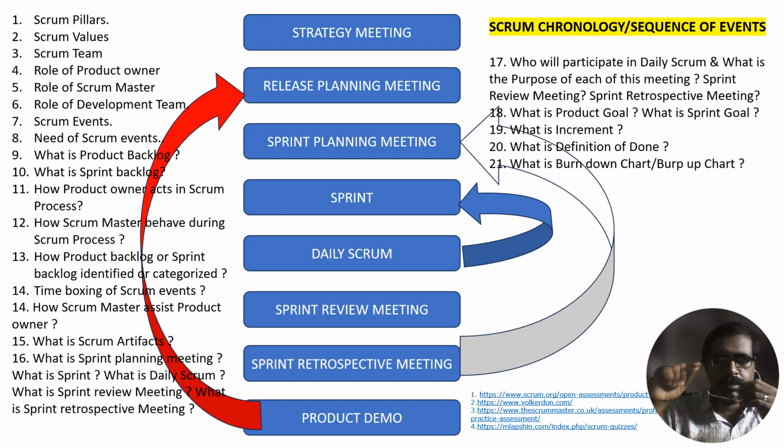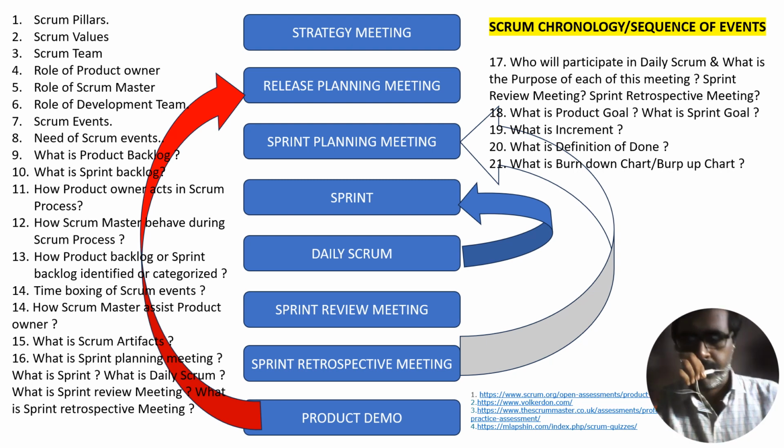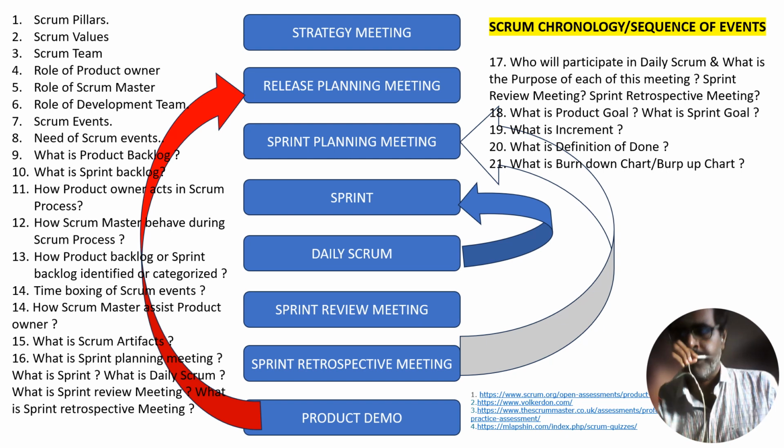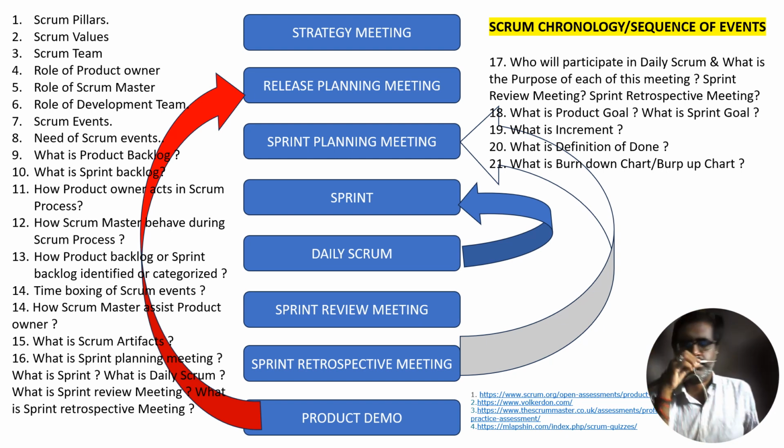So, we need to have the detailed artifacts, right? Scrum artifacts. Various artifacts are created in Scrum. All these we have already seen. All these are adding value to the customer. Hence, all the artifacts are needed.